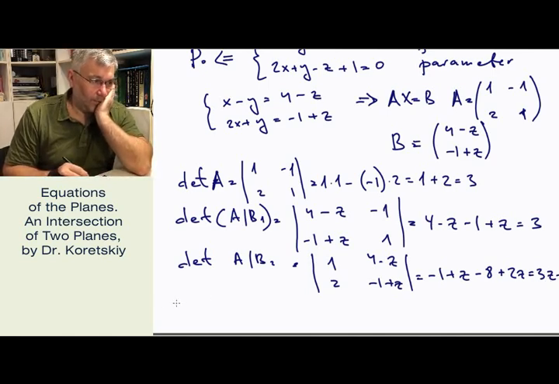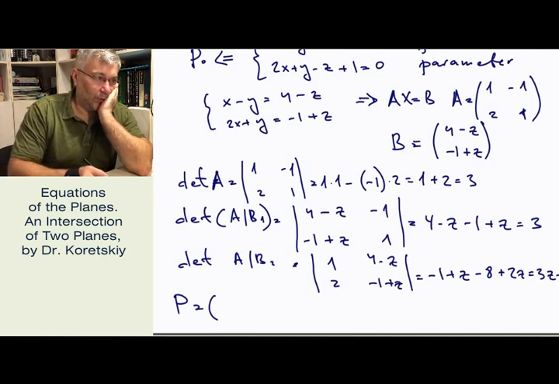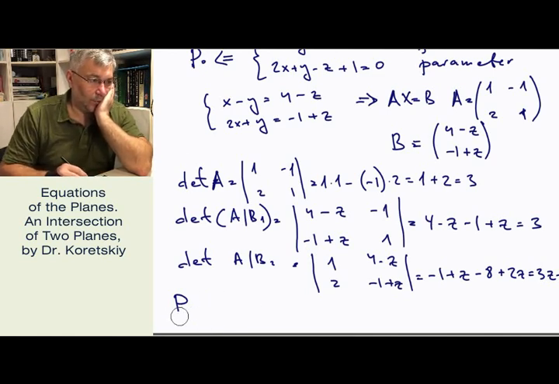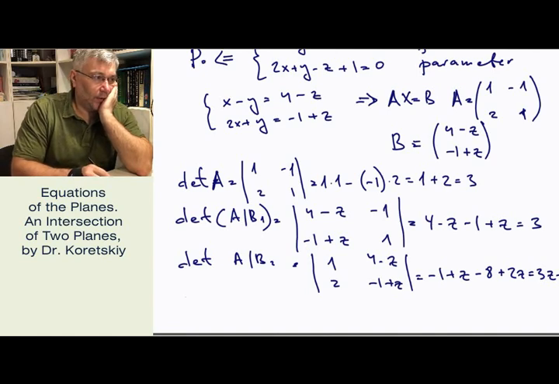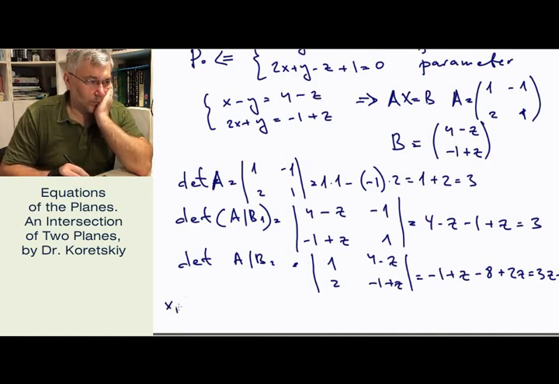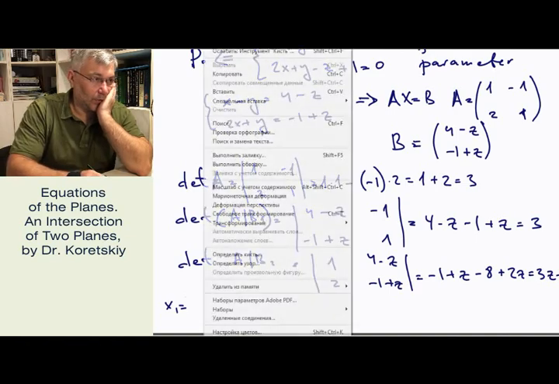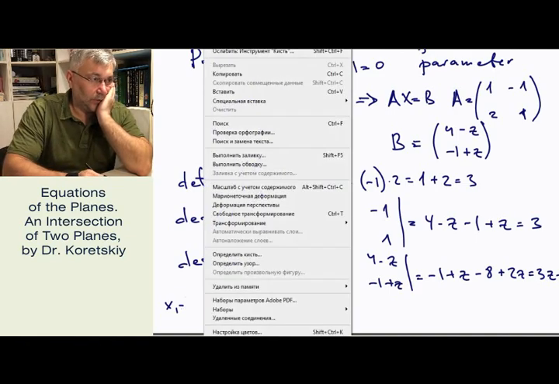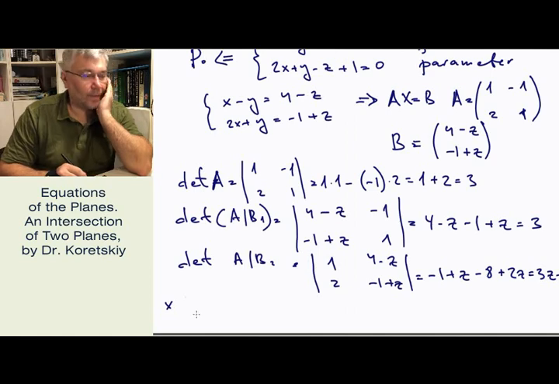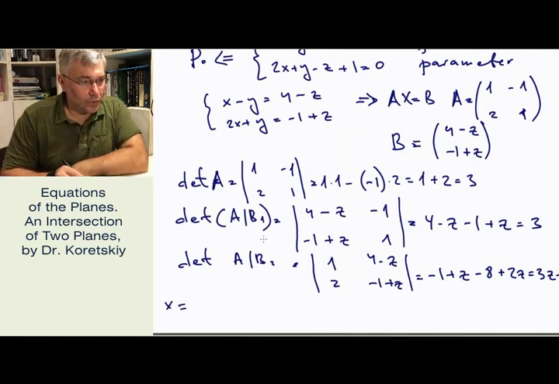So we have the vector point P with coordinates x, y, z. I'm sorry, I'll take my time. So x equals determinant AB1 over determinant A, it is 3 over 3, and it is 1.